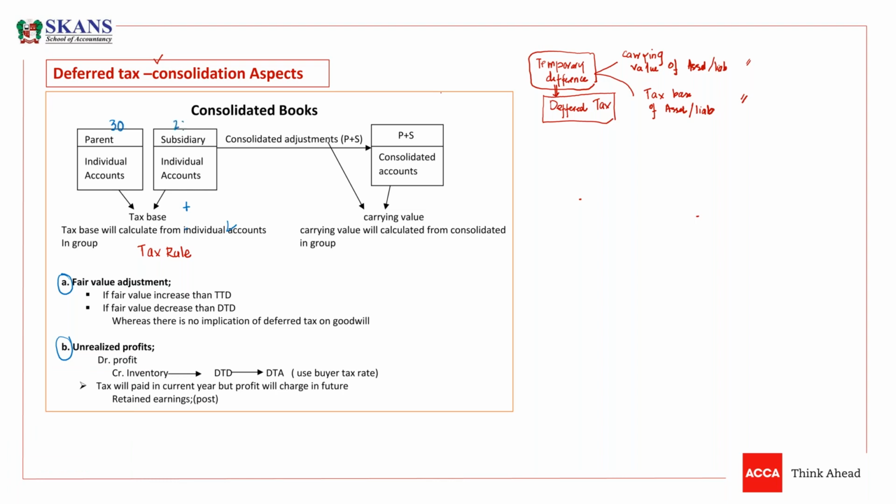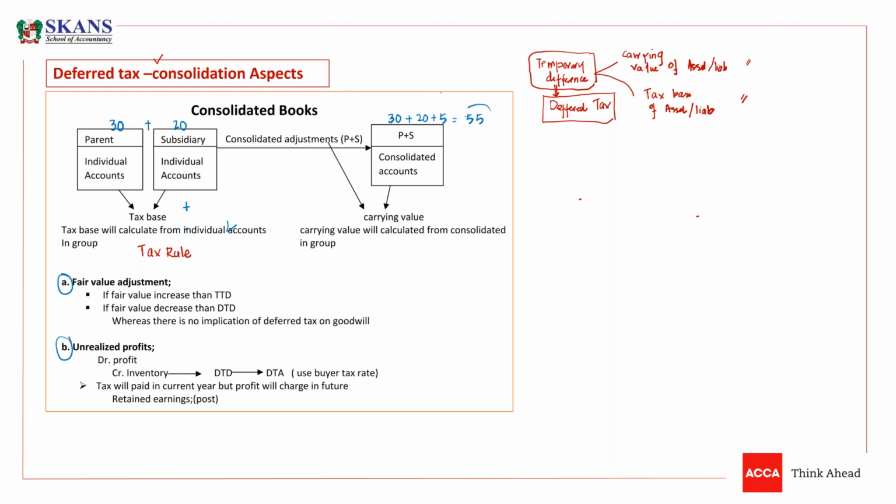Subsidiary value is 20. So both have land and their values are 30 and 20. What we are going to do, we will combine them, 30 plus 20. And we came to know that subsidiary fair value of land should be increased by 5, whatever is the value. I'm just assuming these values, guys. So it will give you 55.